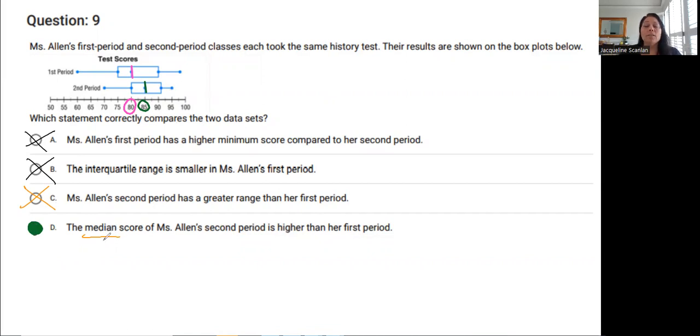All right, make sure that in your notes you're writing down what all of these words mean, where you find the median. Maybe you draw yourself a picture and somehow you identify where the median is in it.